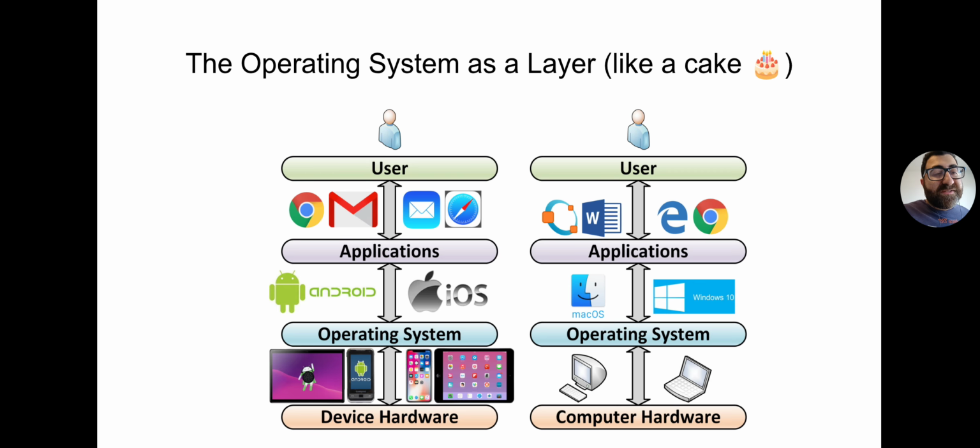So if you think of, for example, Microsoft Word or Internet Explorer or Google Chrome or Gmail, those are applications. But applications are not part of the kernel. The kernel manages applications. The kernel acts as like the police officer or the crossing guard, so that the applications can share the computer without blocking each other or getting in each other's way.